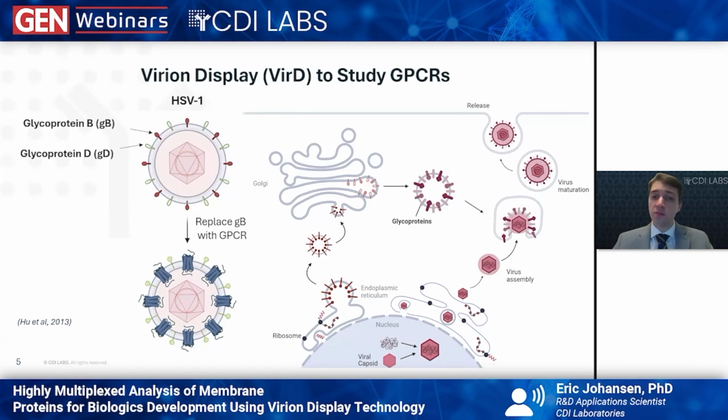Since the virus is going to move through this same network, it will ensure that this GPCR gets all of its native post-translational modifications. The final result will be an intact virus particle with a fully decorated GPCR with all of its native PTMs while never having left a lipid envelope, and thus ensures that it's using the host cell machinery to ensure efficient and proper translation.